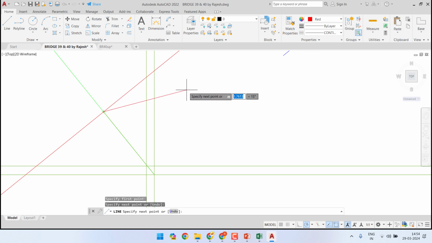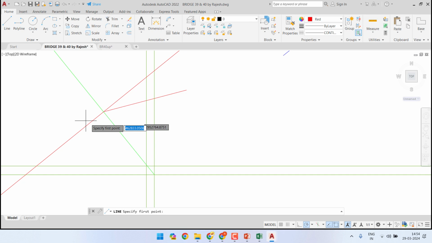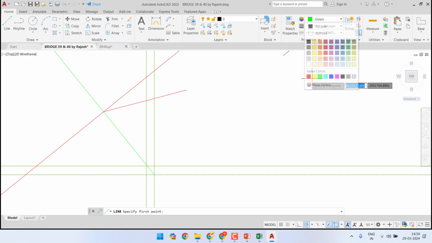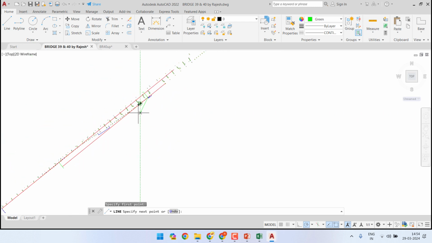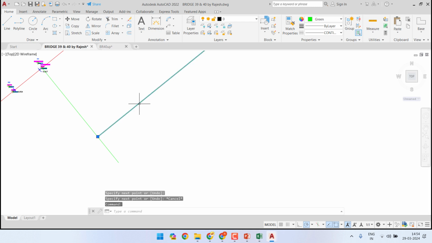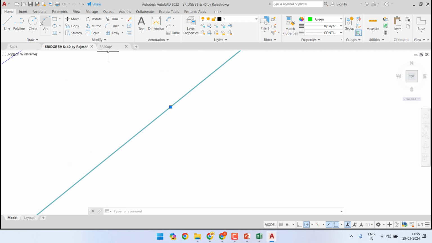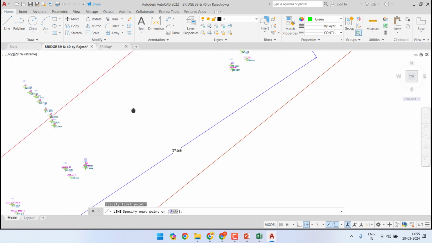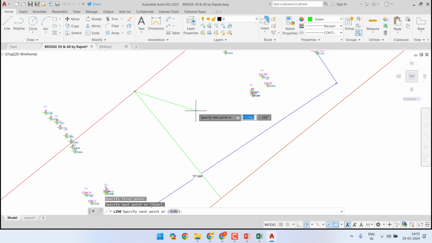Let us delete this, and then let us draw another line in green color from here till here. This is the center. Alright, so again we will select the center and draw a perpendicular drop on the second terminal tangent.